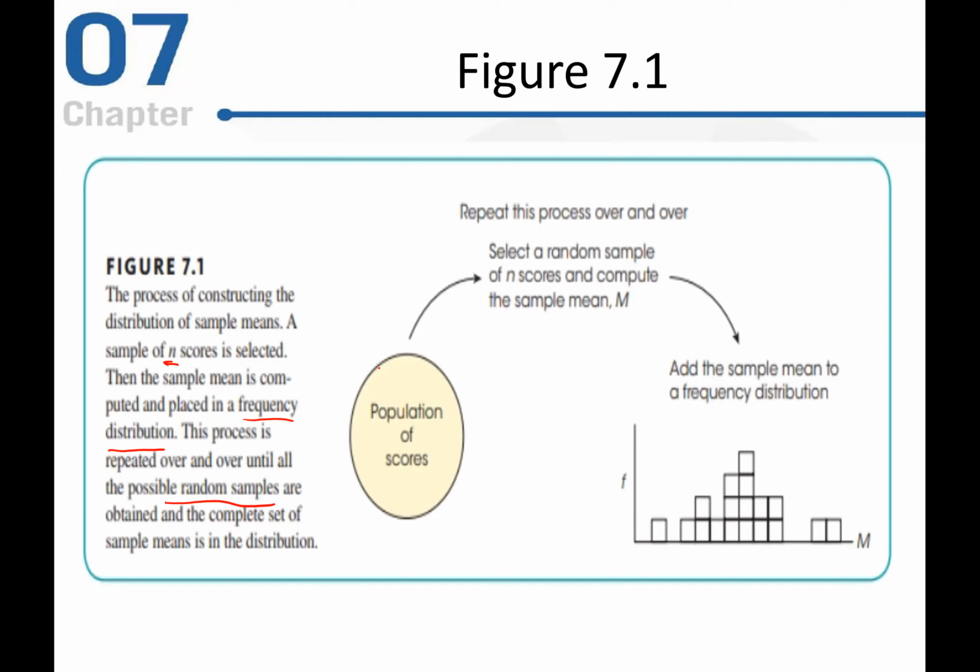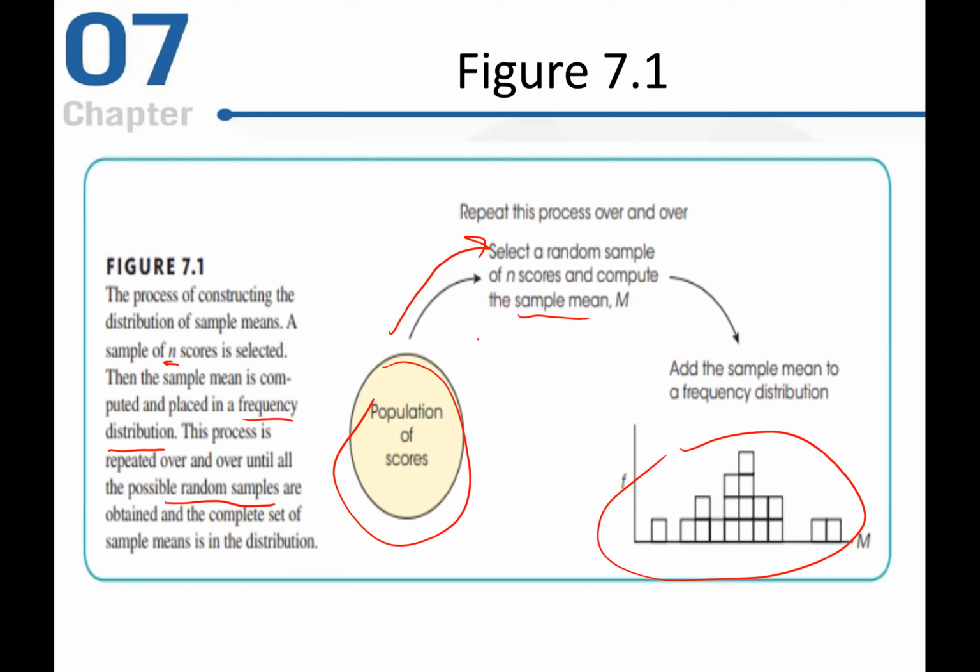So here's our population of scores. We're going to take a random sample out of this population of a certain sample size, compute a sample mean for it, and then take that sample mean and put it into a frequency distribution table.